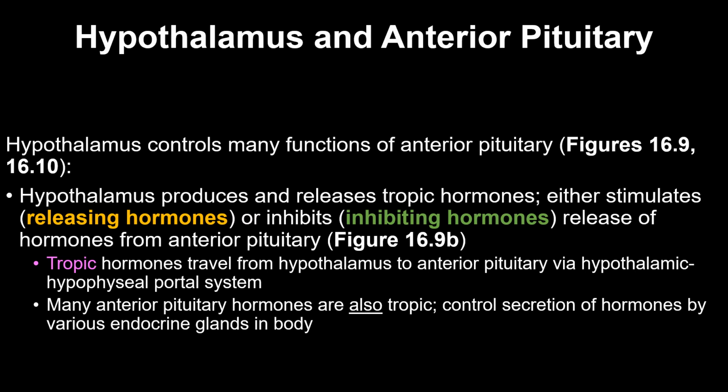But most hormones of the anterior pituitary gland itself are actually primarily tropic. They control the secretion of hormones by other endocrine glands or tissues, with one notable exception. Growth hormone is an anterior pituitary hormone with more widespread actions.